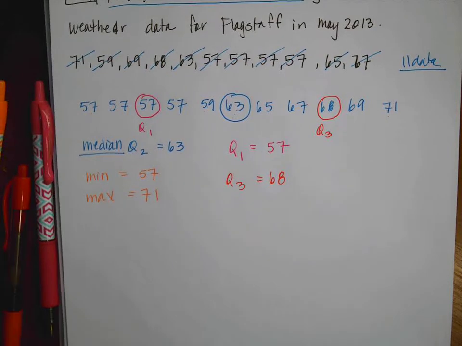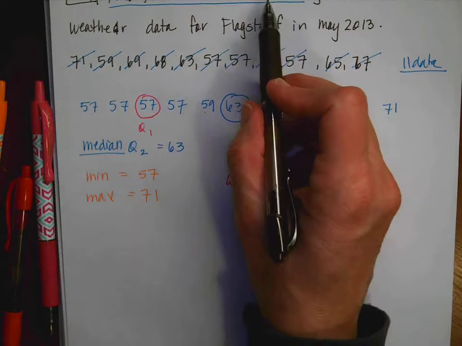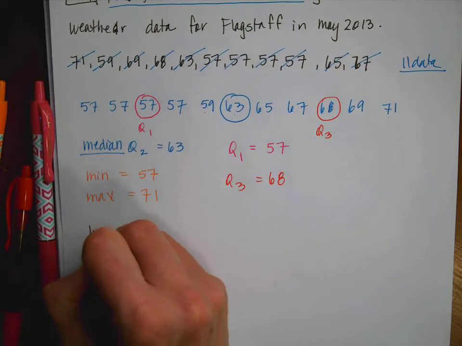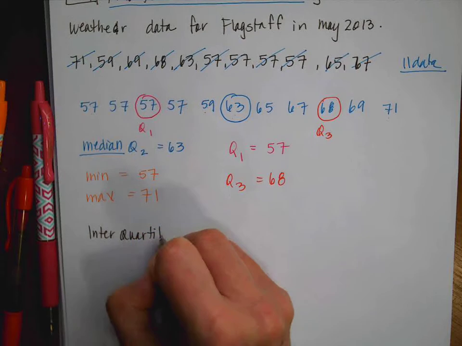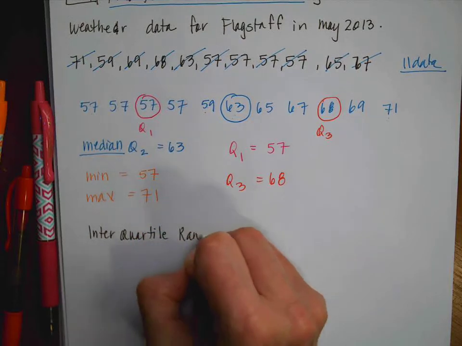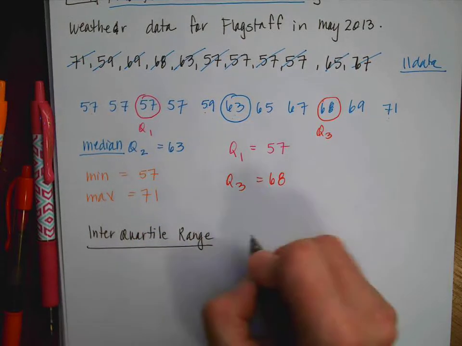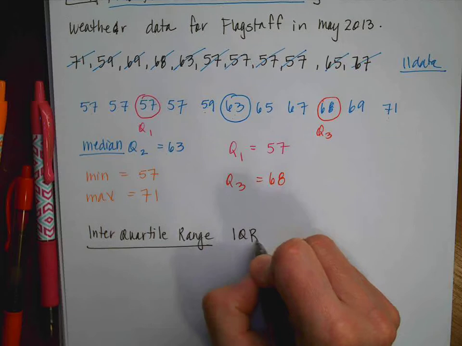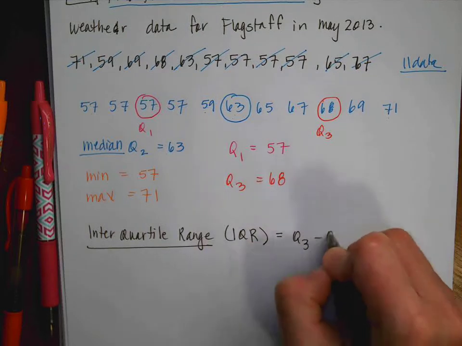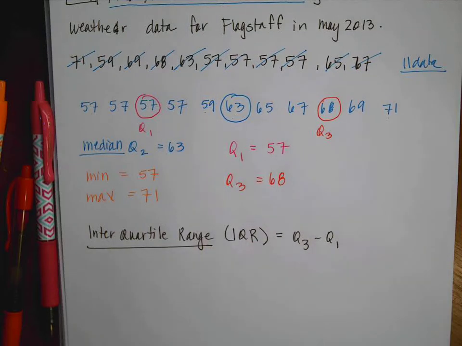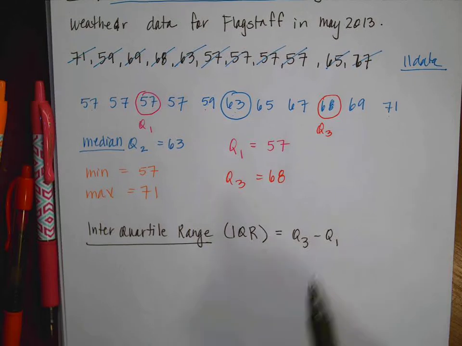Okay? So the other thing that you often see when we talk about a 5-number summary is called an interquartile range. Sometimes you'll see it abbreviated IQR, and that just means it's going to be Q3 minus Q1.